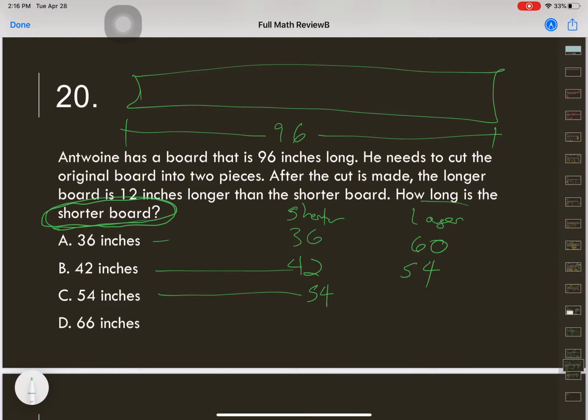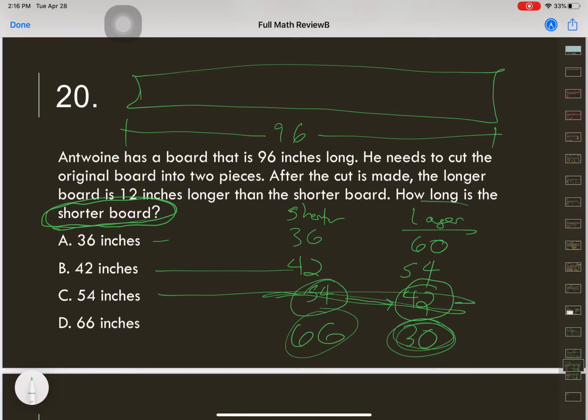So 54 will give you 42. Well, guess what? We know this isn't right because the longer one is actually shorter than the shorter one. So that rules that one out. And I bet if I do that one, I'm going to get the same thing. 96 minus 66 is going to be 30. The longer board cannot be shorter than the short board. So that rules out that one.